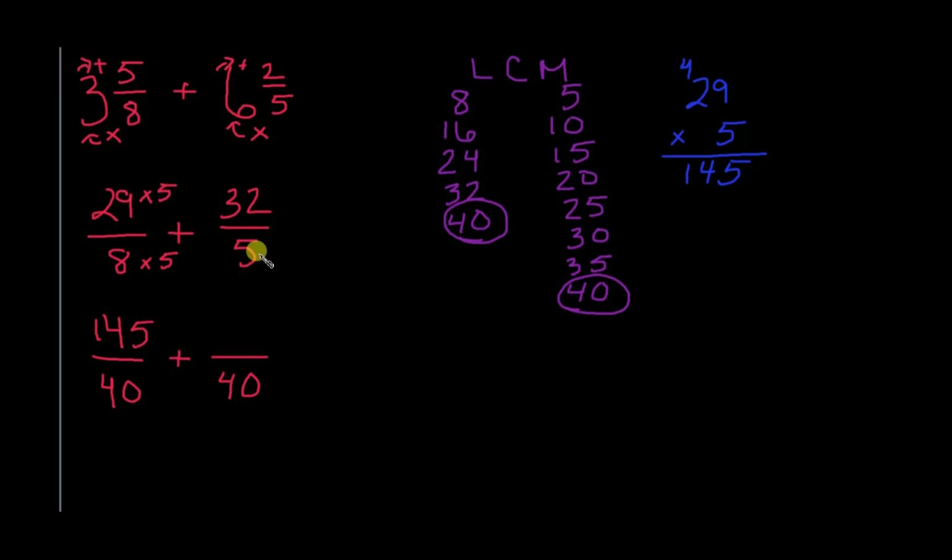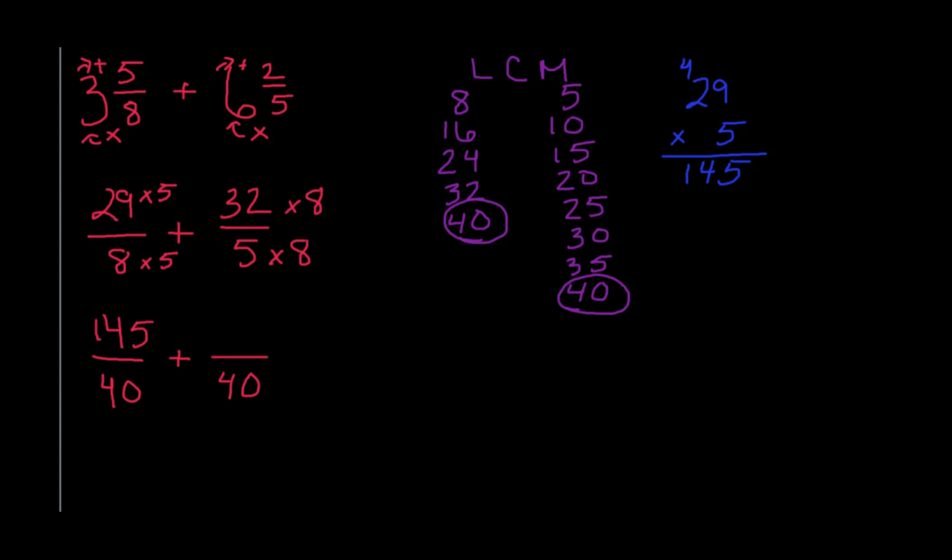And now you say to yourself, how did I get from 5 to 40 by multiplication? Well, I multiplied it by 8. So I have to multiply the numerator by 8.